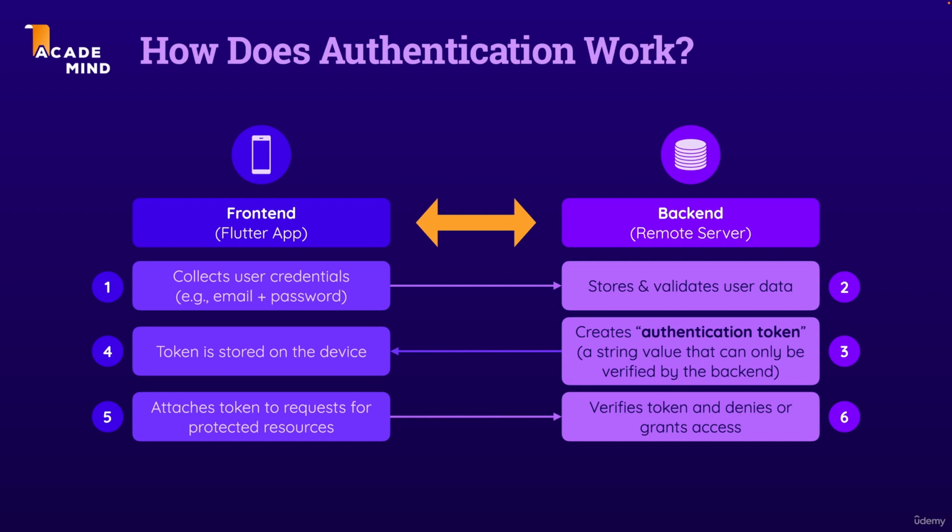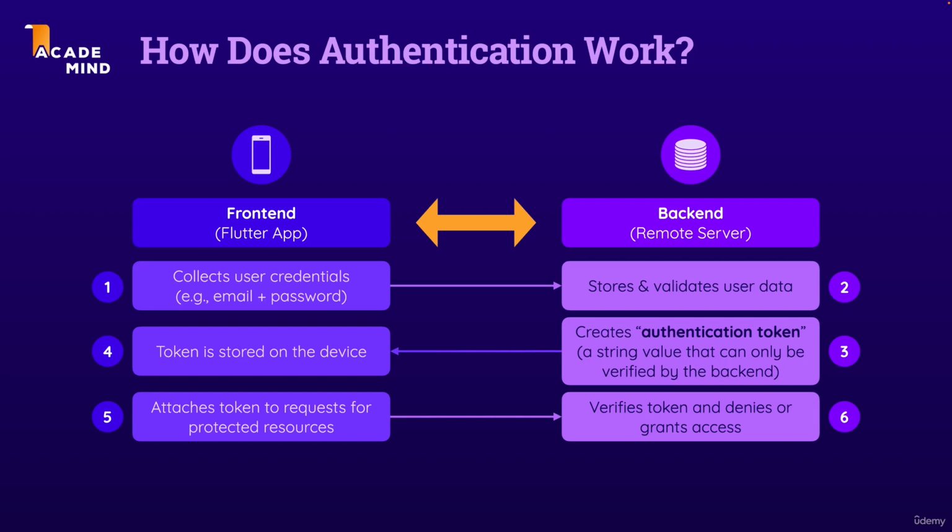Thankfully, that token creation on the backend and that validation of the token on the backend will be handled by Firebase, since you're not working on the backend, and the storage of the token on the device will also be handled by Firebase, since we're using that Firebase SDK here. If we were not using that, we would have to store it manually and manage its life cycle manually because it turns out that this token expires after a certain time period.